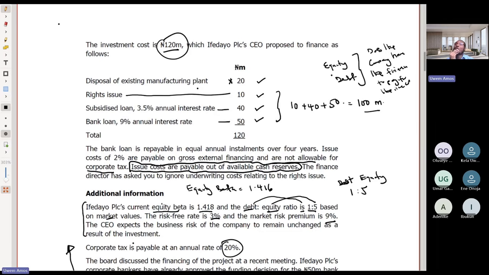So just like somebody telling you, I can lend you 100 million, but you need to pay me a management processing fee of 10 million. I need 100 million. Now, if I don't have any reserve anywhere, I don't have any cash left anywhere, and I borrow 100 million on the dot, and I have to pay the person 10 million, what I will have left will be 90 million.